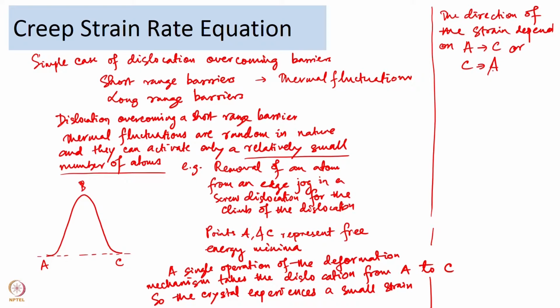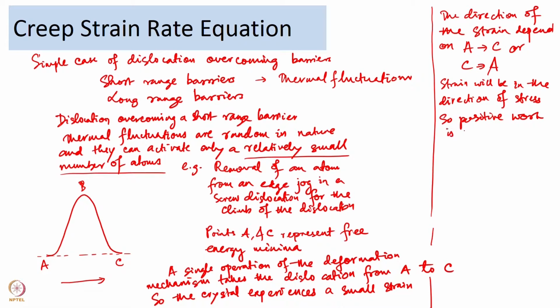Now, let us assume the case where a stress is acting in the direction which pushes the dislocation from A to C. We know that typically strain will be in the direction of stress, and so positive work is performed here.